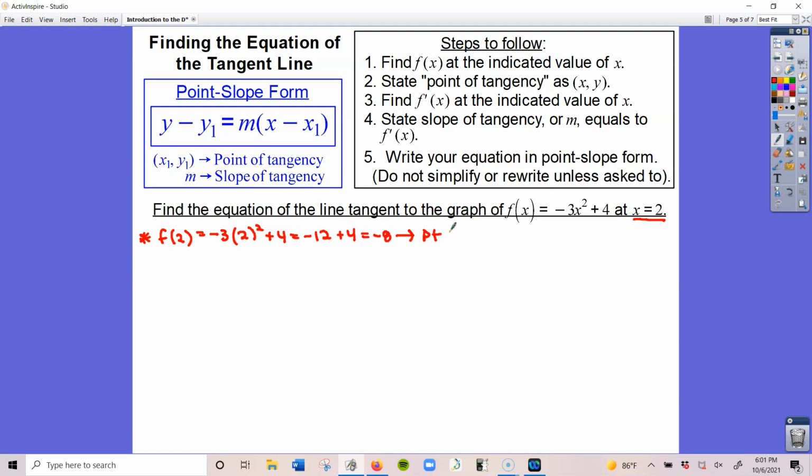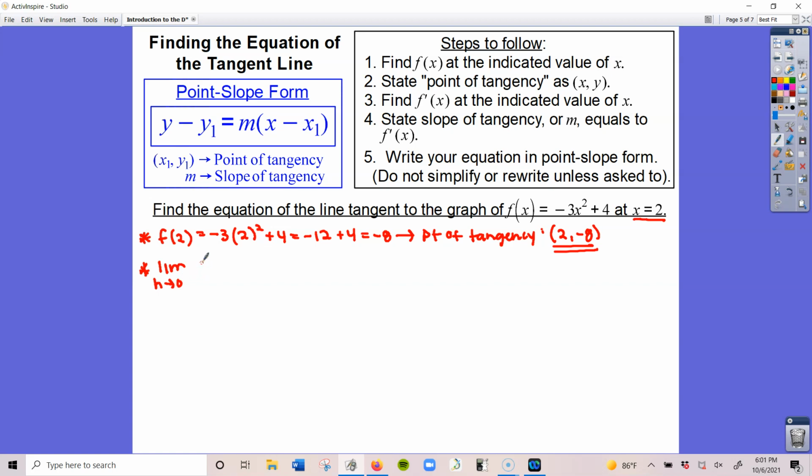So my point of tangency, which I'm going to need to use later for the equation of my tangent line, is (2, negative 8). So I'm going to hold on to this information for later. The next thing that we need, because now I have x1 and y1, is my slope, which is the derivative. So now I'm going to do the limit as h approaches 0 of my difference quotient.